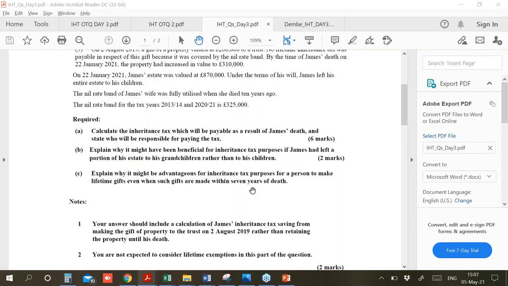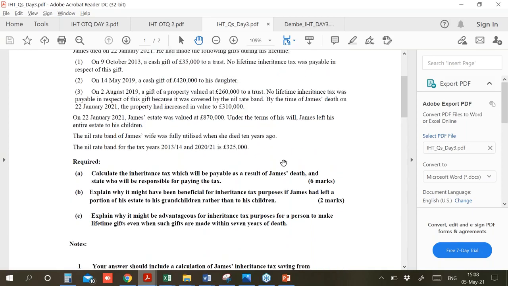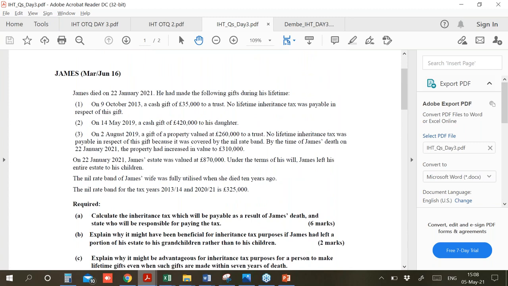So I can obtain 1 mark for that, and the 1 mark would be for the calculation that I can do after reading the question, that there is some gift of property that if he made it earlier could have saved some tax. So two requirements have already been solved.